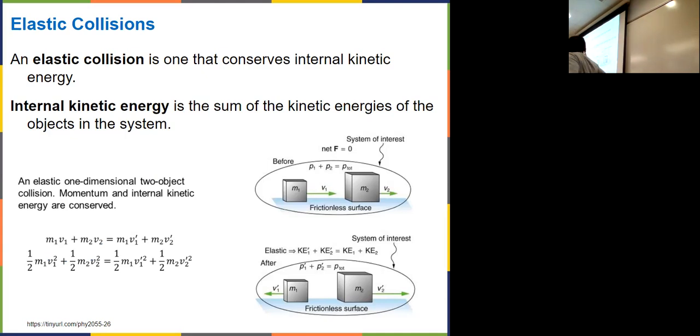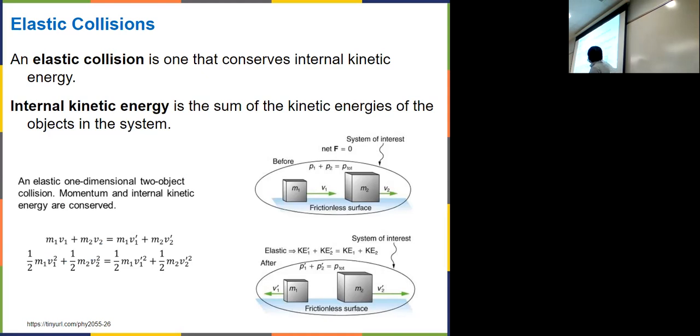Again, for an elastic collision, you can apply conservation of momentum. You can also apply conservation of kinetic energy. So you can write out two equations. The first one: for example, you have two blocks colliding with each other along a frictionless surface.